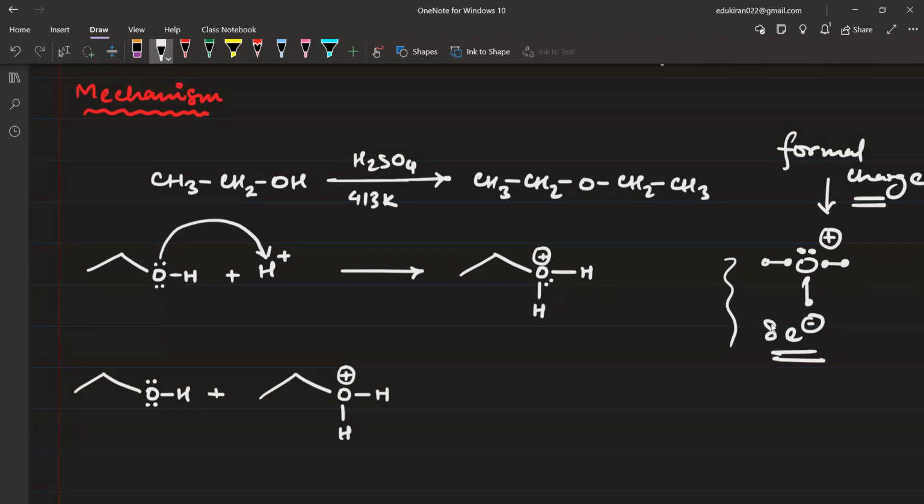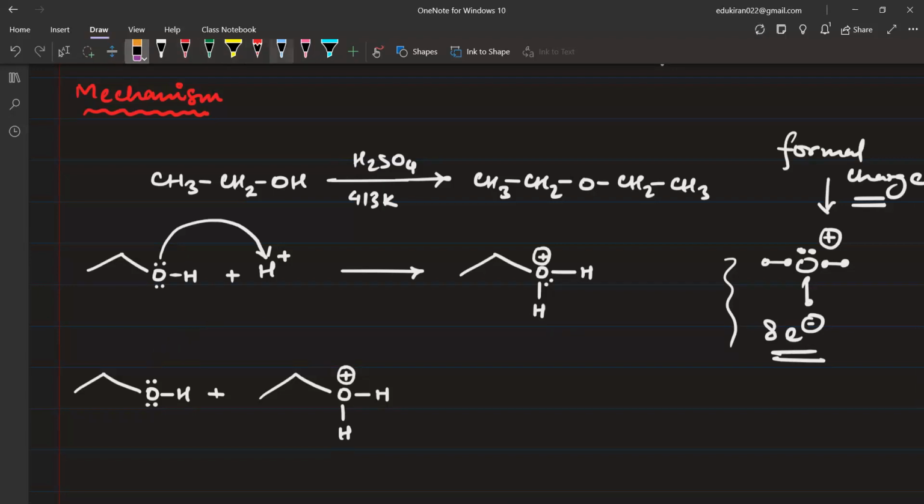That means to compare the number of protons and the number of electrons in the valence shell. That charge is not telling us anything about the electron deficiency. Is this clear? Yes or no? Please tell me. Yes, sir. So obviously this attack is not going to happen. It's never going to attack on the oxygen atom which is having 3 bonds. Even though it has a positive charge, which is just a formal positive charge, it is not electron deficient for sure.